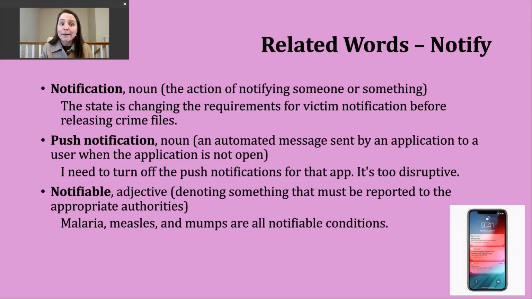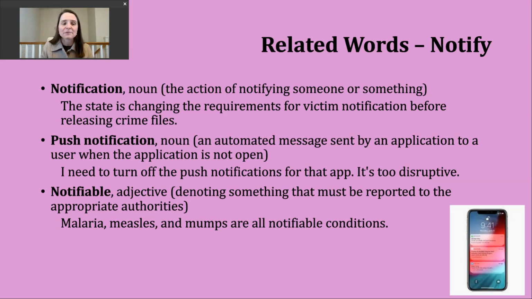The last word I'm going to leave you with today is the adjective notifiable. So this describes something that must be reported to appropriate authorities. And the most common way I saw this was actually used in connection to illnesses and diseases, and that doctors, public health officials have a duty to report certain things so that our government can kind of track how well certain conditions are being managed.